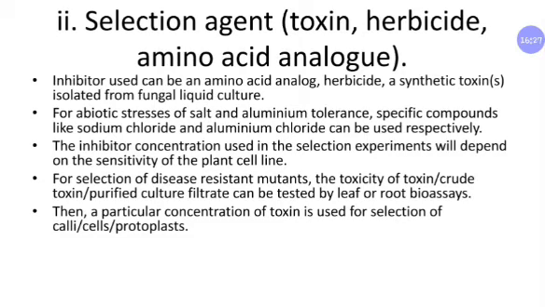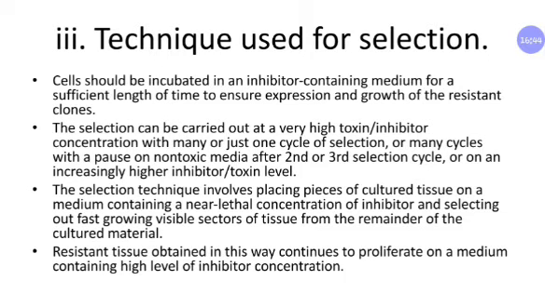To check the toxicity of the selection medium or the toxins, leaf or root bioassays are carried out. Then a particular concentration of the toxin is used for the selection of calli cells or protoplasts.